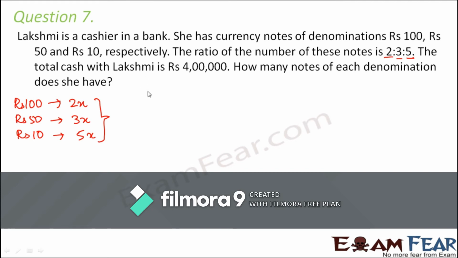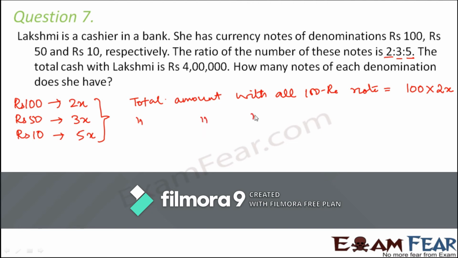So what would be the total amount with 2x number of 100 rupee notes? So the total amount or the total money with all the 100 rupee note would be how much? So with all 100 rupee note, it would be 100 multiplied by the number of notes, which is 2x.